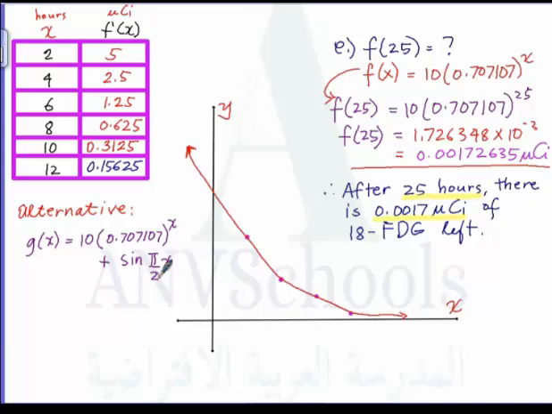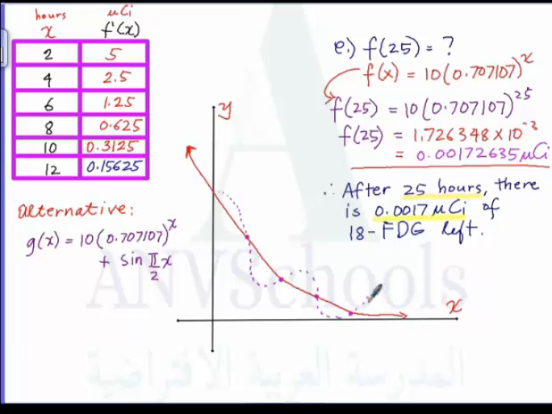And this function is actually modeled as, it will look like this. From this point, it will travel to that point, and here it acts like a sinusoidal. So that is 10 times 0.707107 raised to x plus sine pi over 2x.